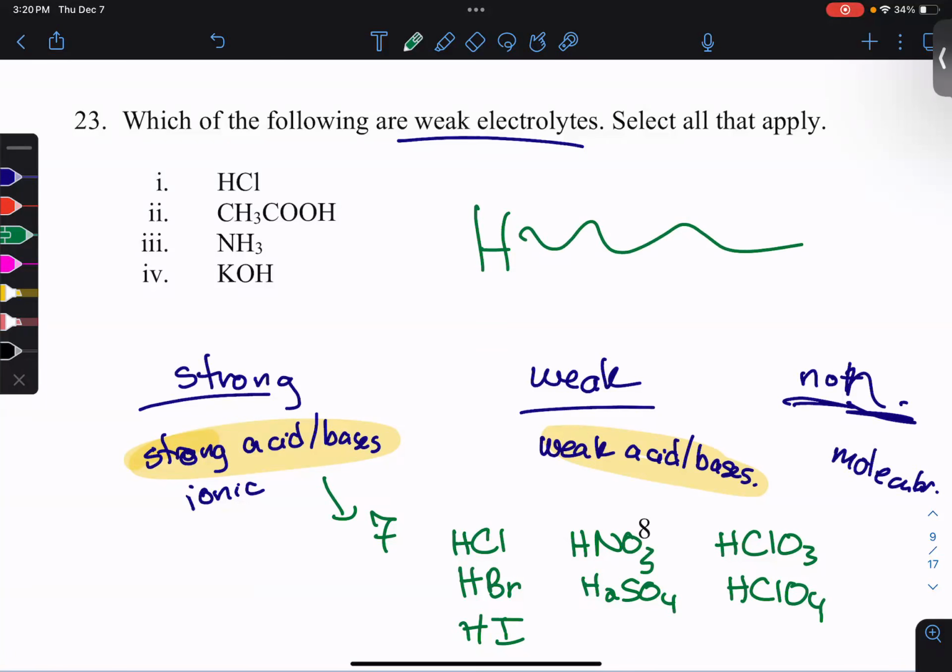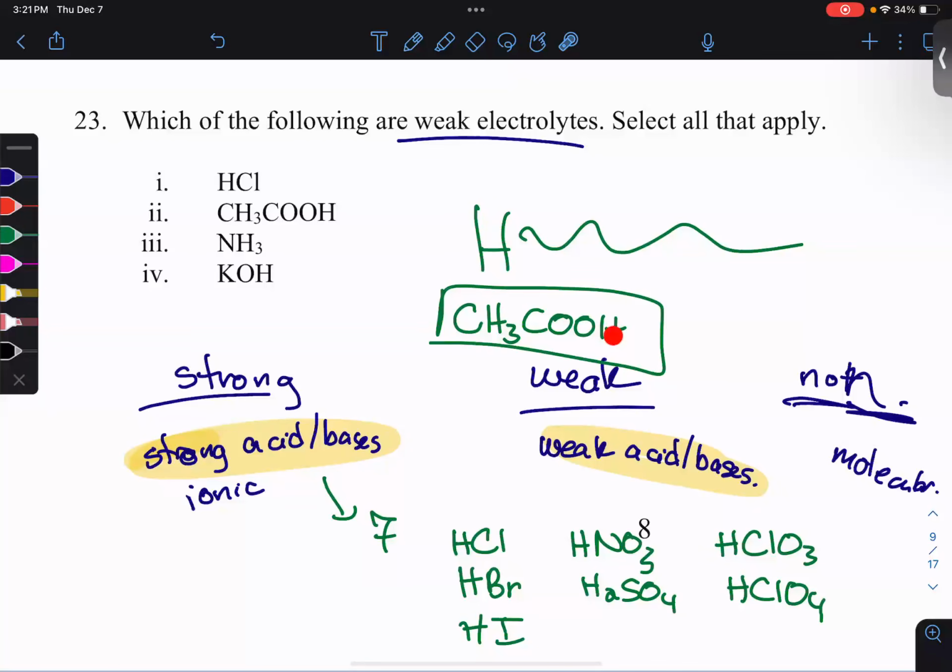The most common weak acid that folks forget about is acetic acid, and the reason is the way we write it out. So acetic acid looks like this, CH3COOH. That is an acid. It's one of the acids where sometimes the H is tacked on the end, because it looks more like the Lewis structure.